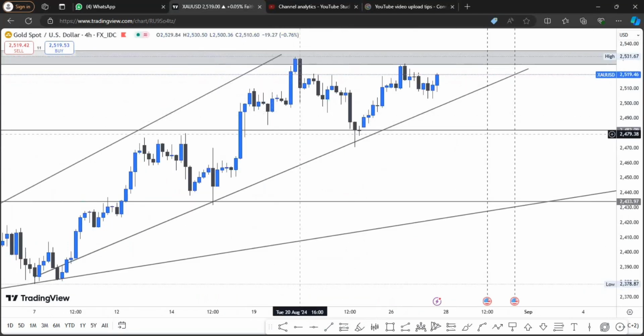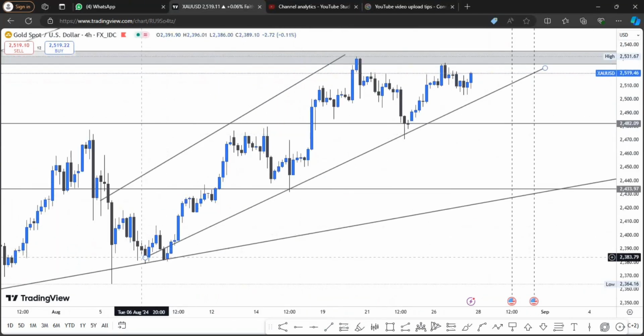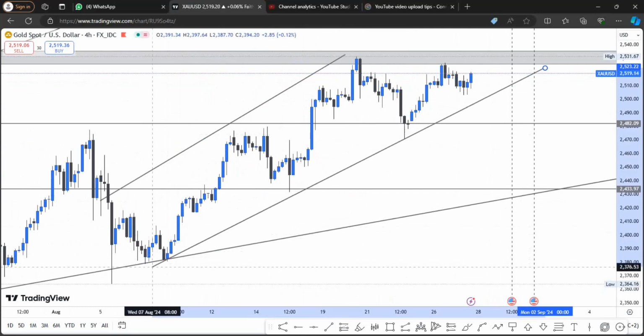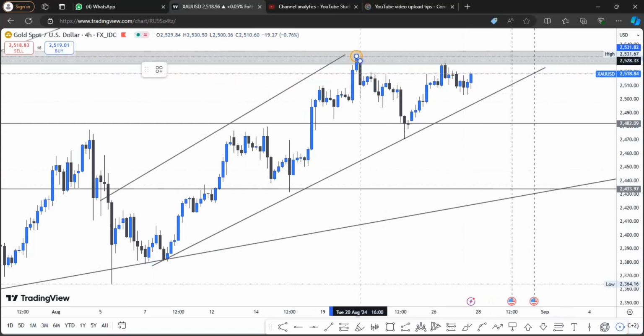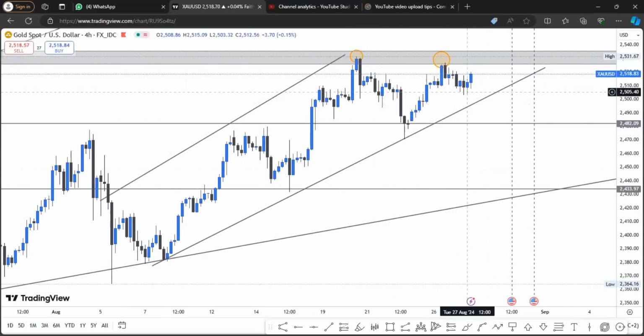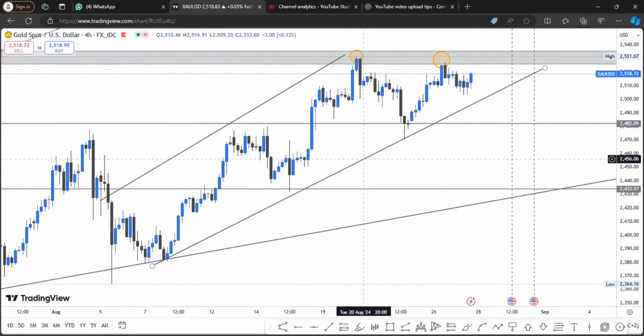So this is our 4 hour time frame. We understand that on this uptrend we have a double top here. This double top tells us that the market can now break this trend line here.